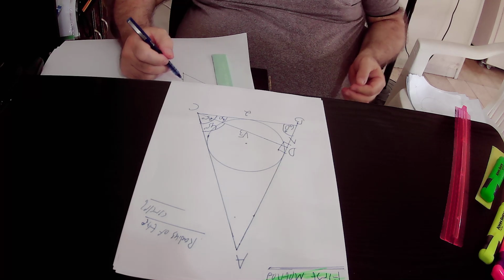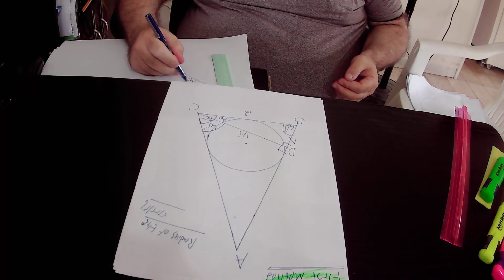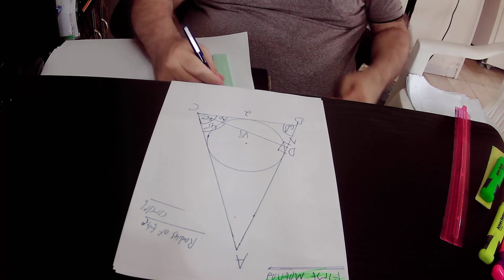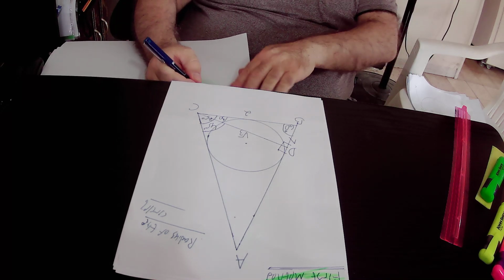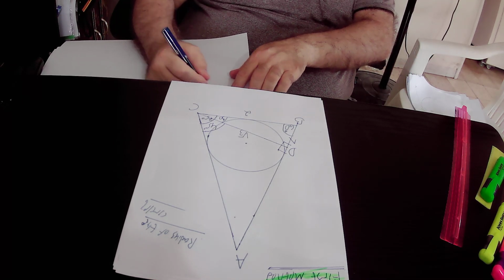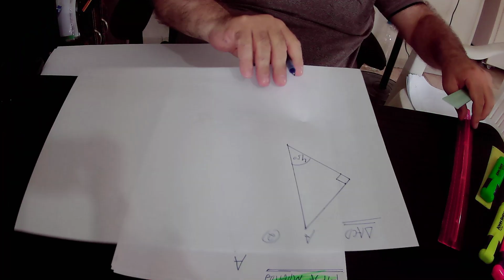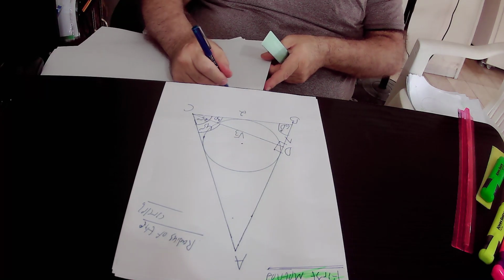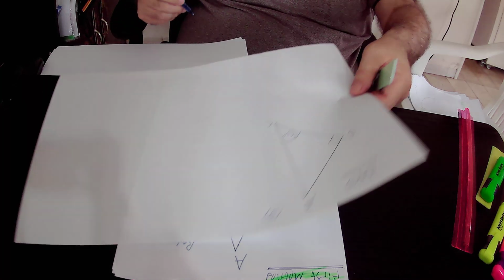Angle ACD, this angle is 45 degrees. So actually, this is the right triangle, triangle ADC, that I copied from the original drawing.